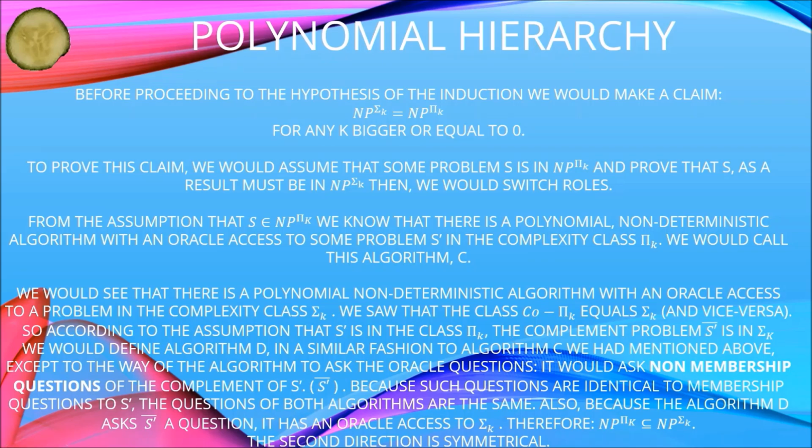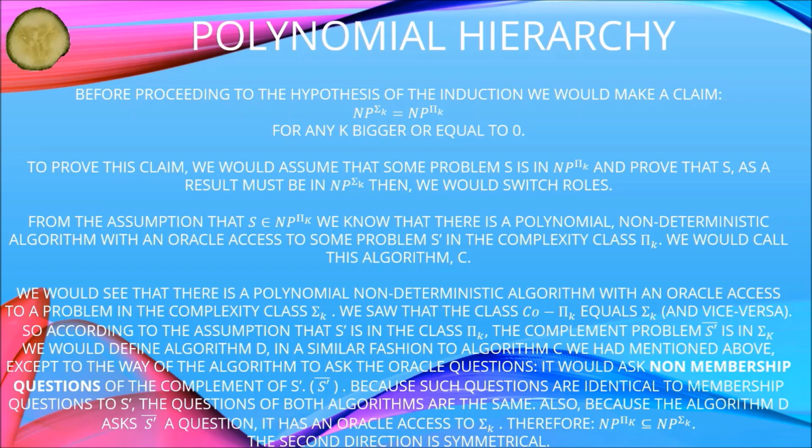We would define algorithm D in a similar fashion to algorithm C we had mentioned above, except for the way the algorithm asks the oracle questions. It would ask non-membership questions of the complement of S'. Because such questions are identical to membership questions to S', the answers of both algorithms are the same.